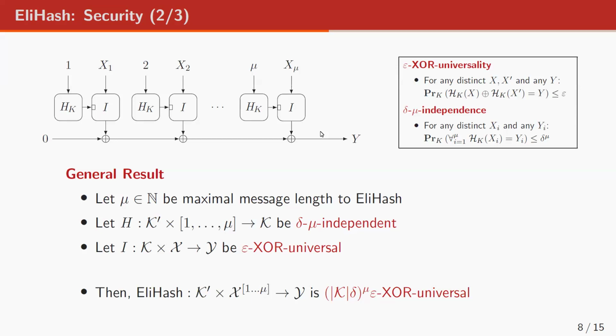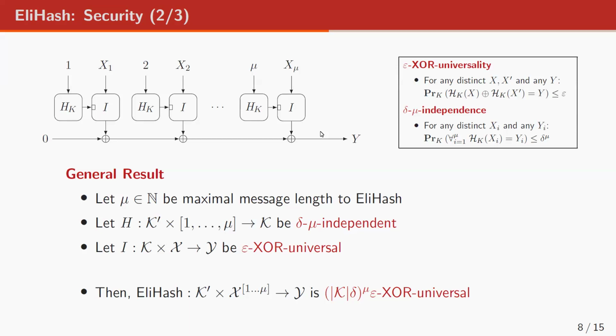It's a bigger term, so you get some loss, which makes sense because you have a variable length hash function. But typically, you would like to use a hash function h which is delta universal for delta close to the key space, or for which mu is small. But we're looking at lightweight applications, so mu is typically small.